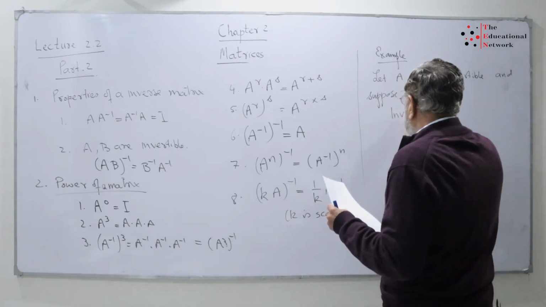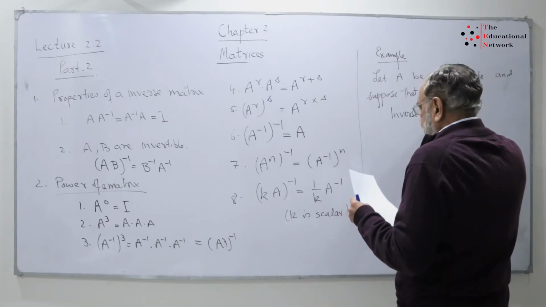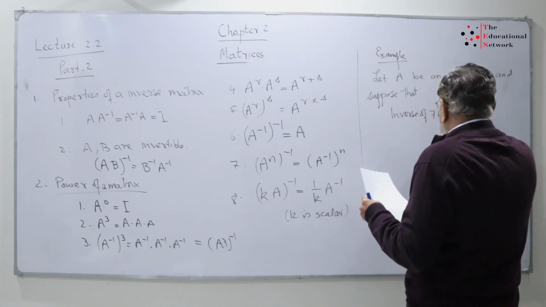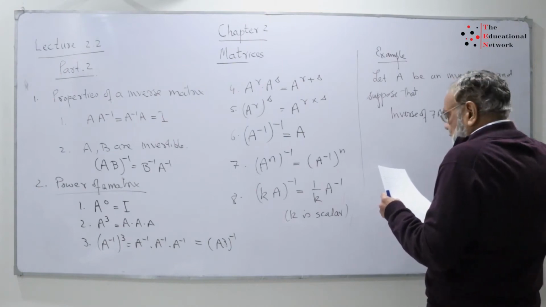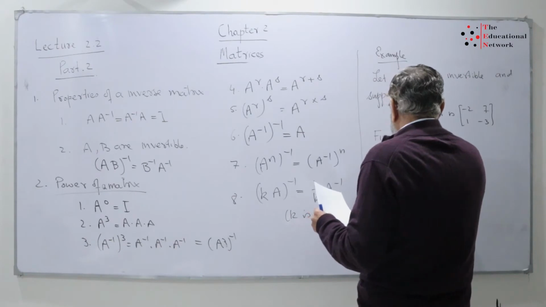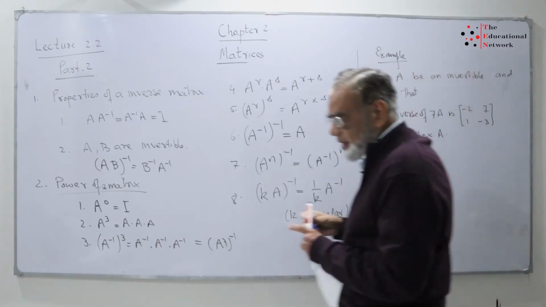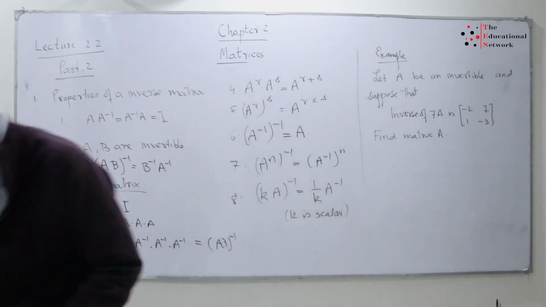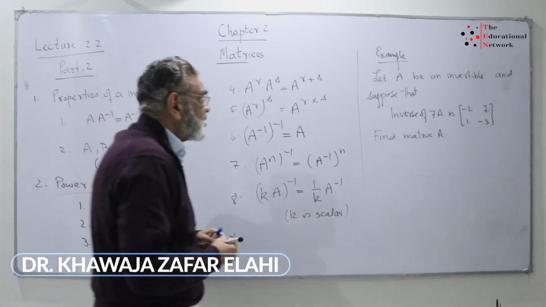Suppose that the inverse of 7A is the matrix minus 2, 7, 1, minus 3. The question is find matrix A. We are given the inverse of matrix 7A and we want to find matrix A. So we are using the properties here to solve this.